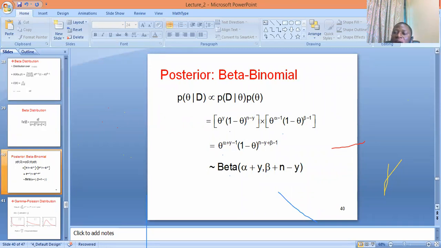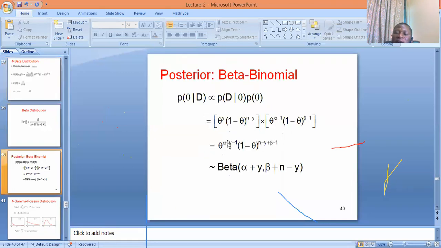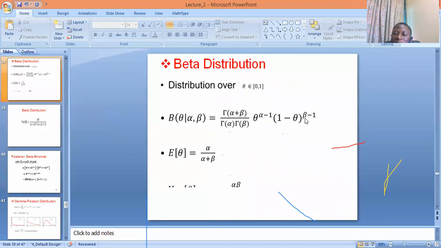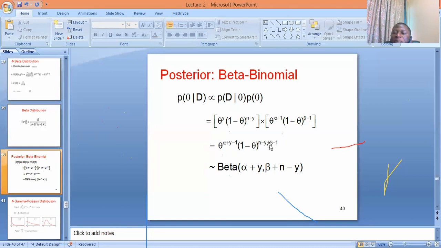So your alpha in the posterior here is equal to alpha plus y. Now compare the beta. The beta in the beta distribution has exponent beta minus 1. But now we have n minus y plus beta minus 1. So what that means is the beta that you have there is just n minus y plus beta.